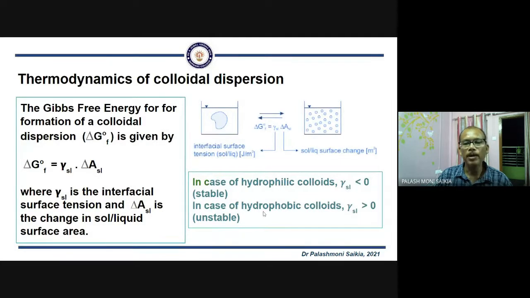But in case of hydrophobic colloid, as we have already discussed, the interfacial surface tension will be very high, and that is generally positive, greater than 0, and so del Z naught is positive, and the process is not thermodynamically feasible, and it is a thermodynamically unstable state. I think it is clear.